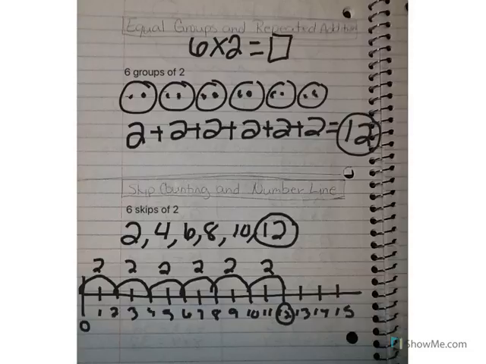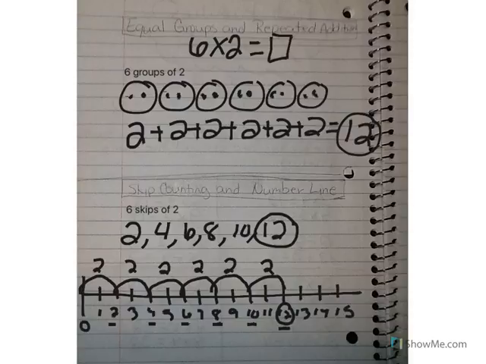Again, I arrived at the same product, 12. And if you notice where my skips were, 2, 4, 6, 8, 10, and 12 are the same numbers I have written above when I was doing my skip counting, because it's the same thing. I'm just representing it on a number line.